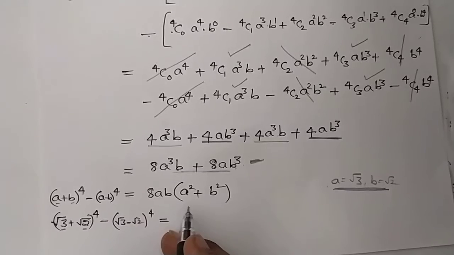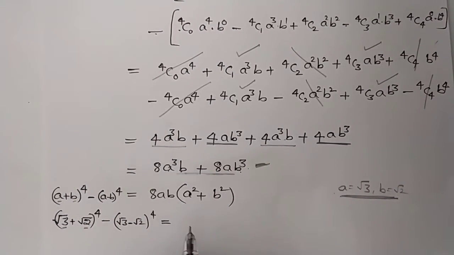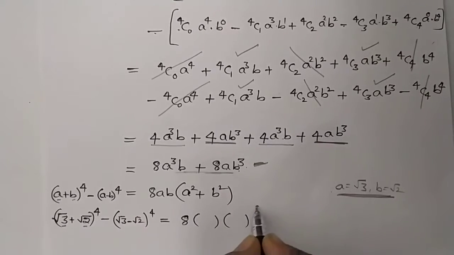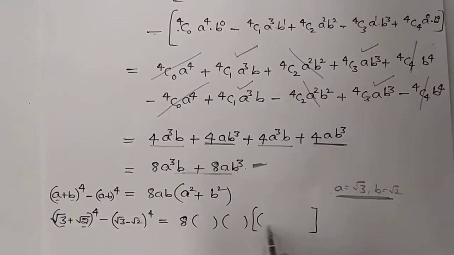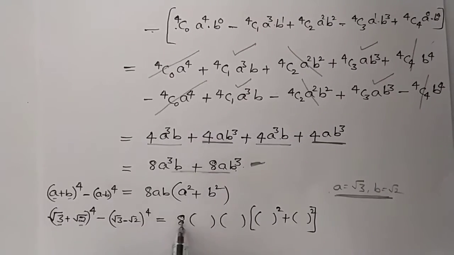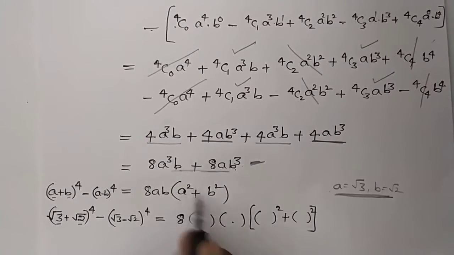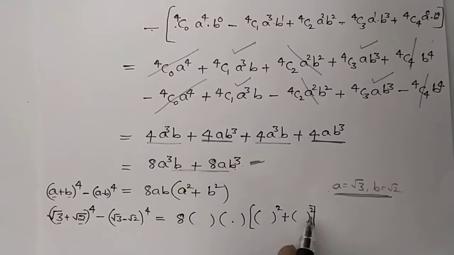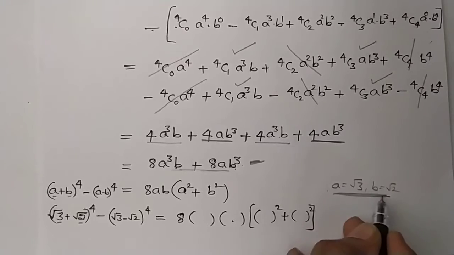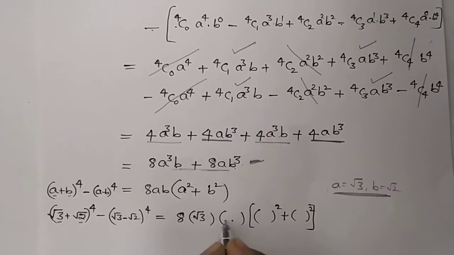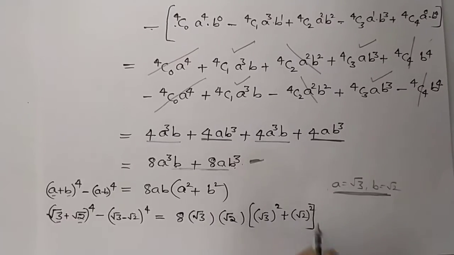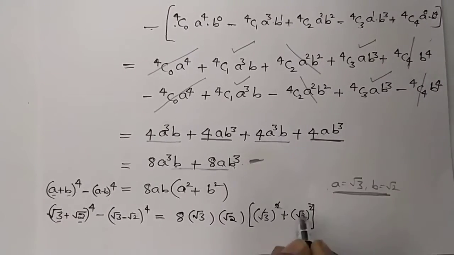Finally we will get the value 8ab into (a square plus b square). Okay, now in place of a what we have? Root 3 and root 2. So root 3 into root 2, and the square roots will get cancelled.